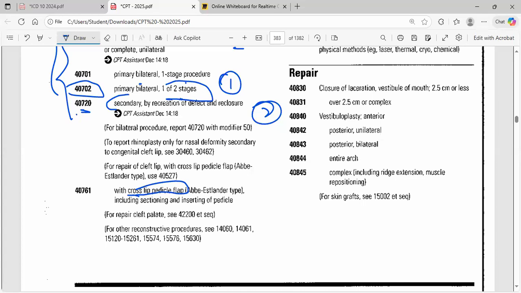Can any of you tell me the difference between the flap and graft? We have two types of words, flap and graft. Let me mention it here also, flap and graft. Why are we using the flap word here, not the graft?